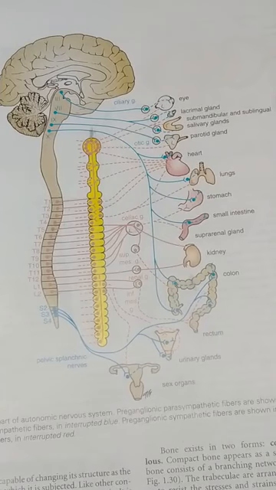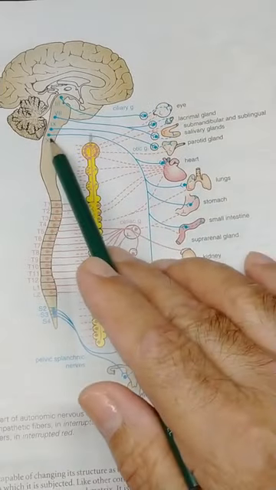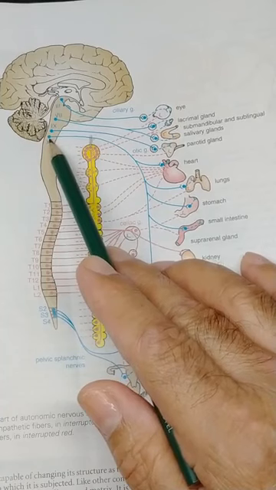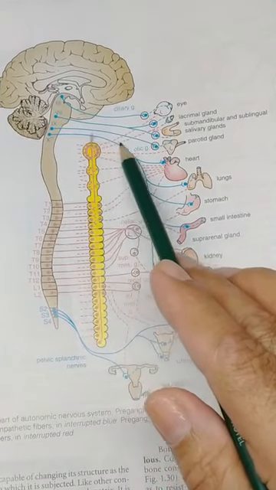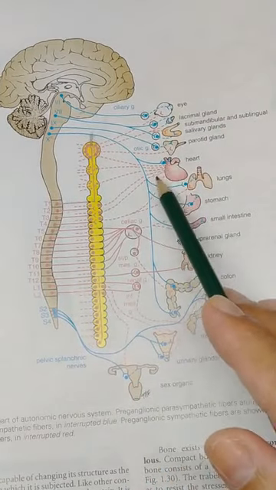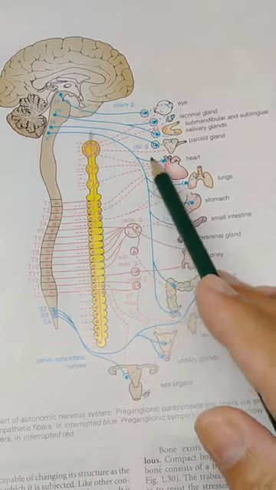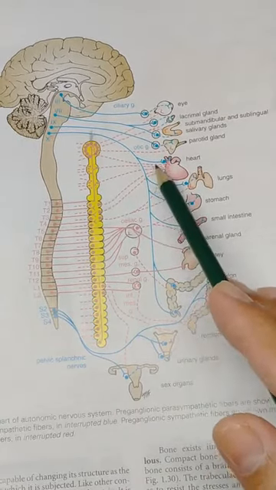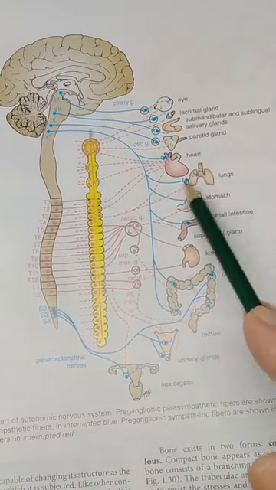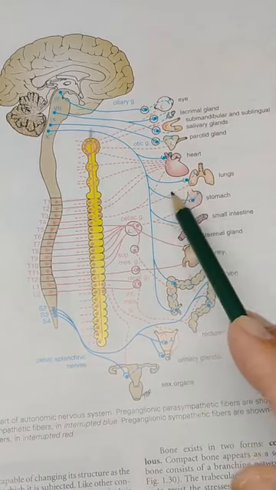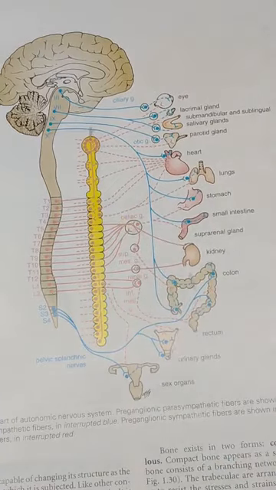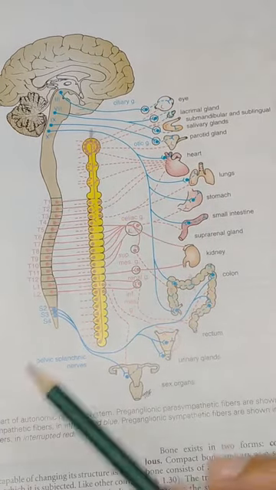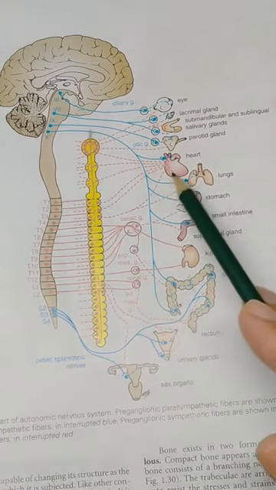Okay, so if you try to see the preganglionic parasympathetic fibers, they will participate in the formation of the plexus here. We call these the aortic or cardiac plexus, and the pulmonic plexus. So when we see a plexus here, that is already composed of sympathetic and parasympathetic fibers.